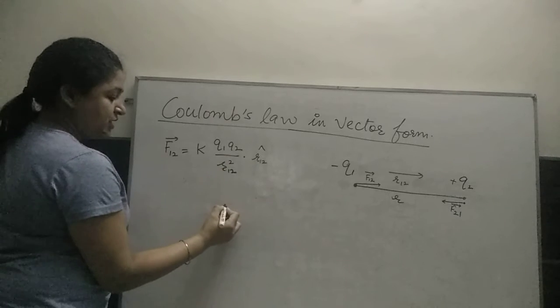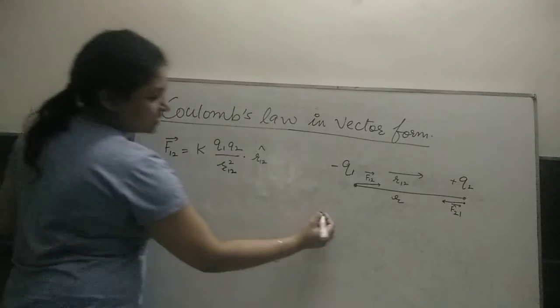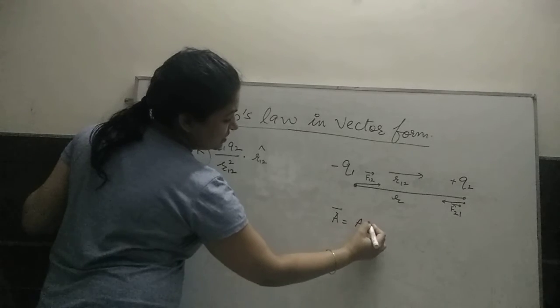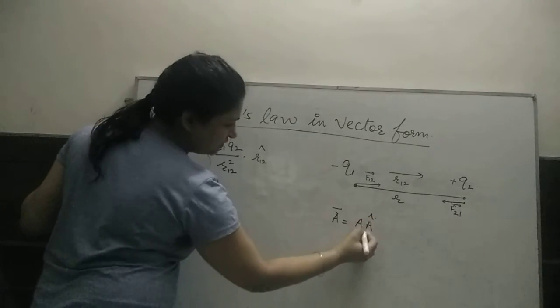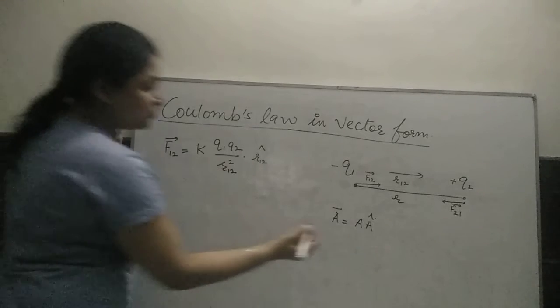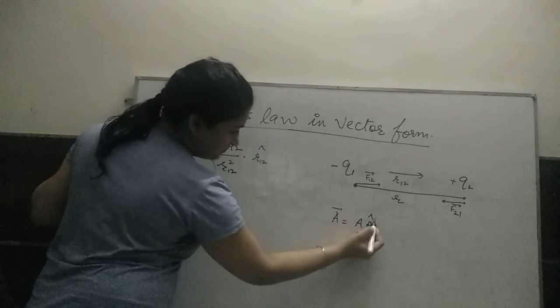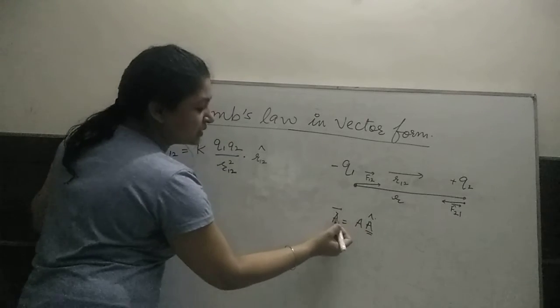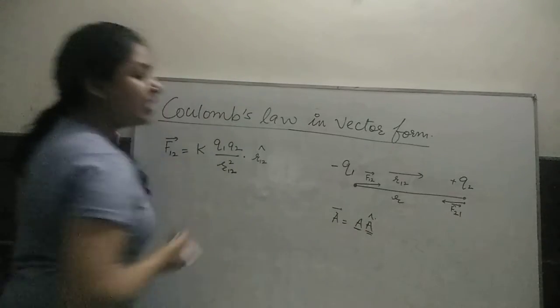You see, any unit vector, for example, I'm having a vector A. Vector A is the unit vector into the magnitude of the vector, or simply I'm writing A here. So how can I write this? A cap, if I want to convert this cap into a vector, I have to multiply it with the magnitude.